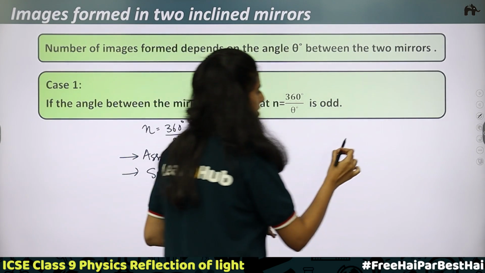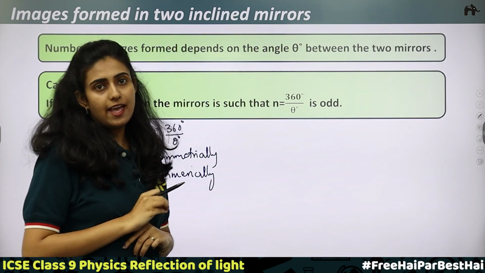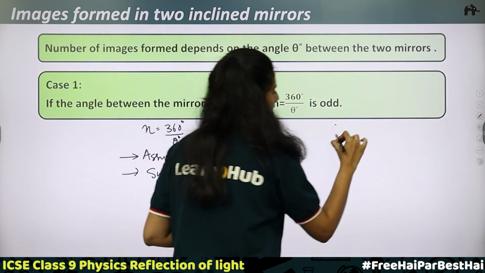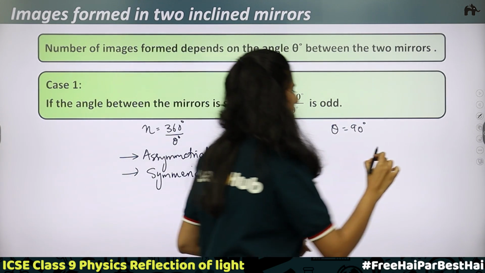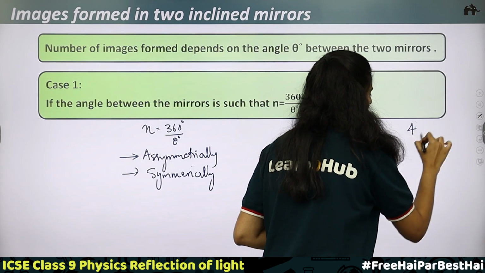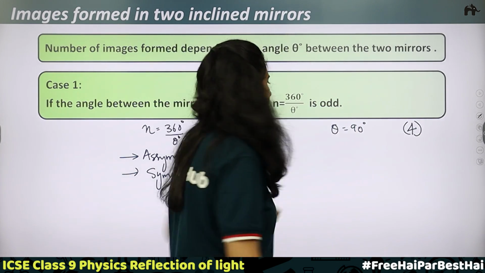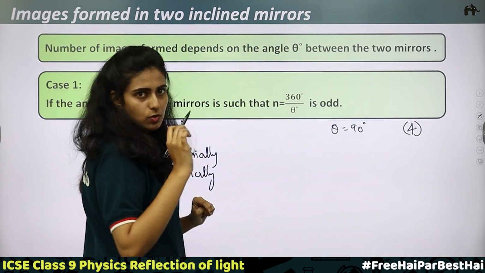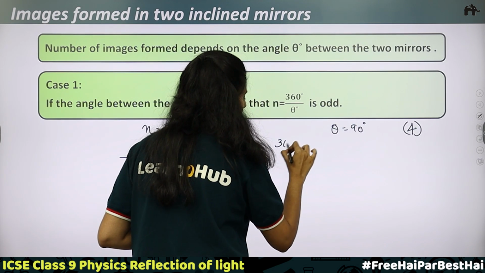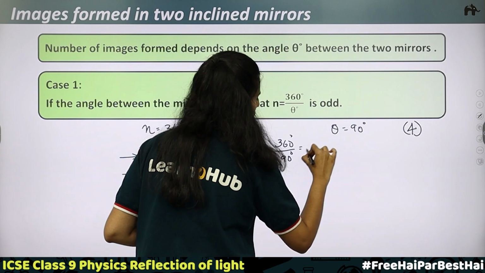So now consider we have taken the case of the candle. In that case I have said that the angle is 90 degree. So how many images were there? We have seen there were 4 images. Okay, we are able to obtain 4 images. So now here you are able to see that 360 degree by 90 degree is equal to 4.